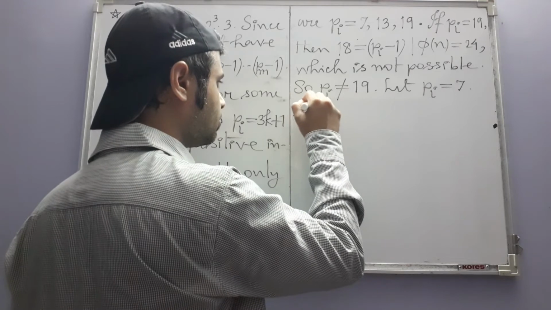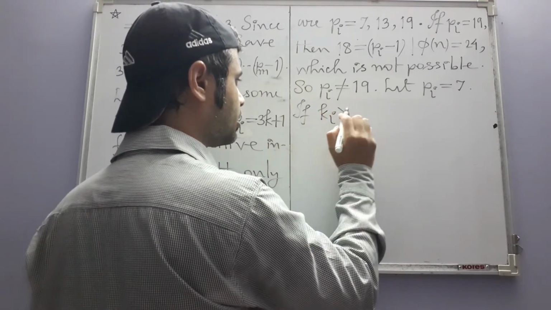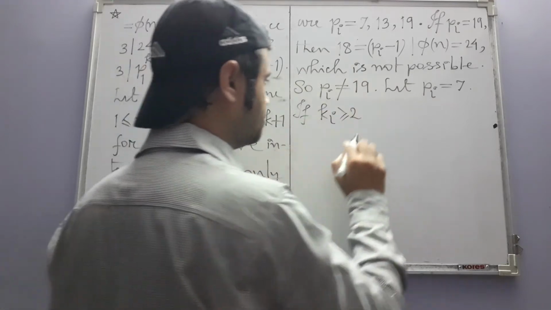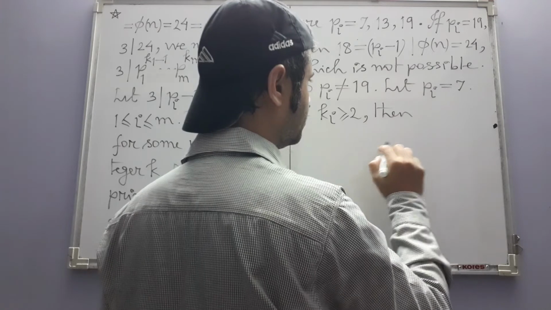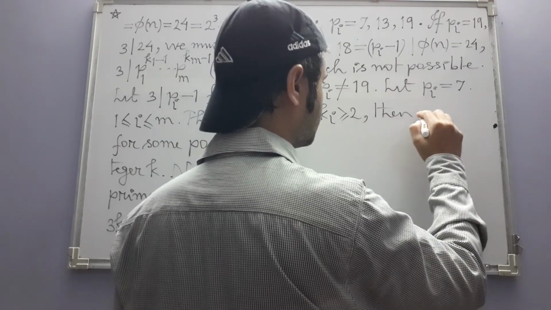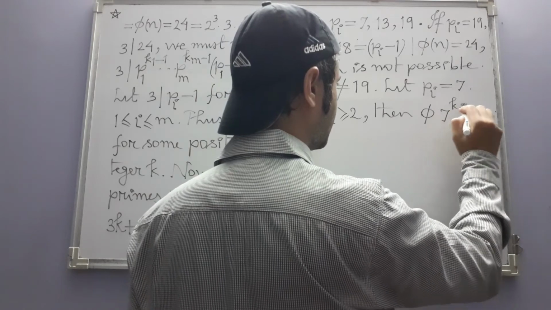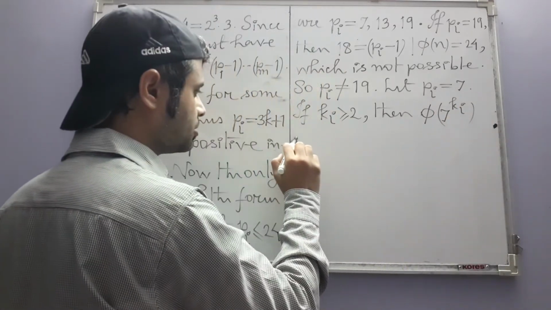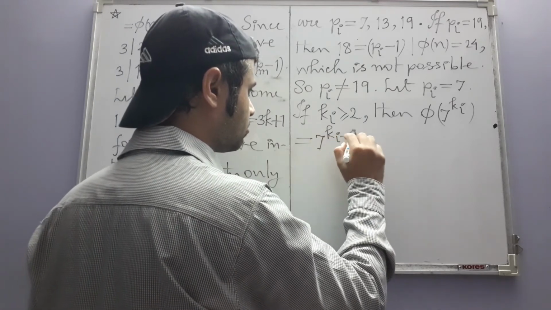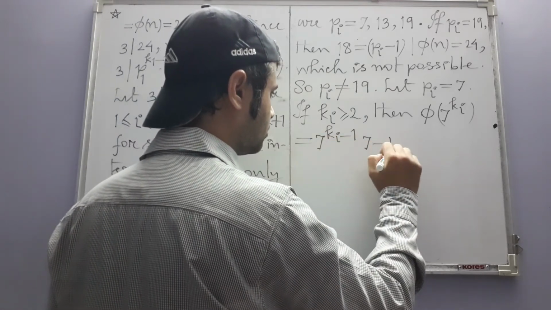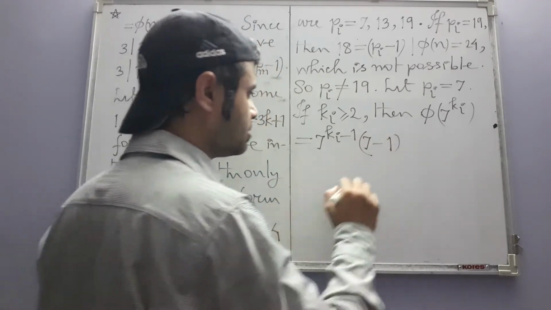If ki is greater than or equal to 2, then phi of 7 to the power ki, which is equal to this, we are exactly showing what the formula is.